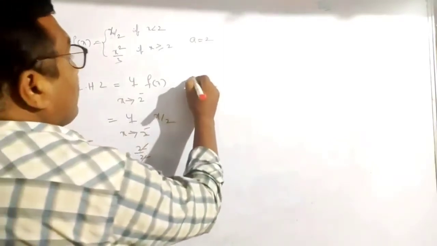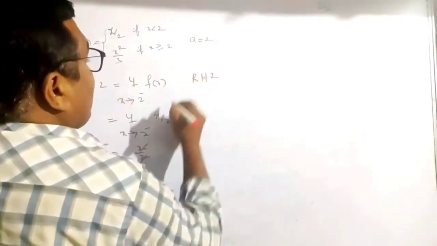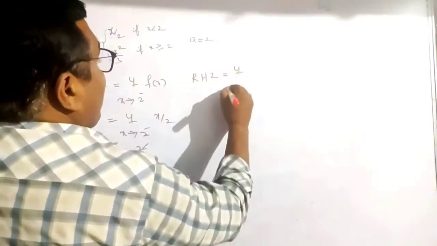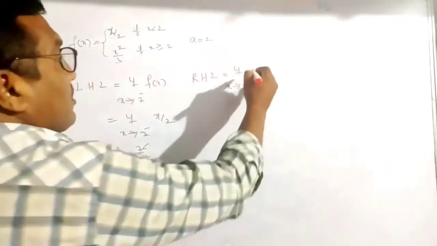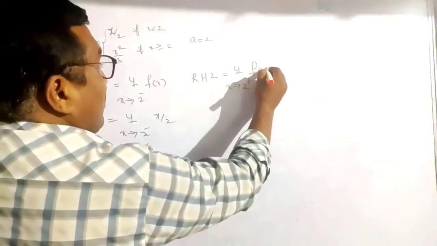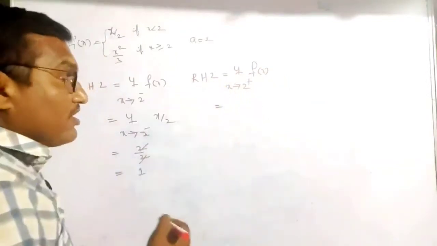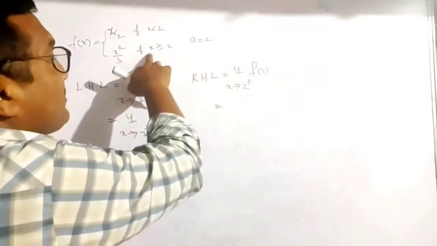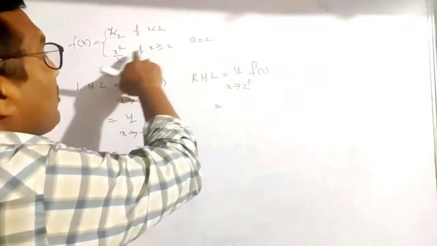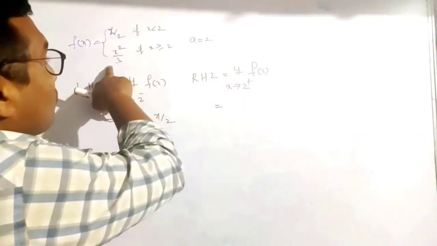Now take the right hand limit. It is the limit as x tends to 2 plus of f of x, which means x is more than 2, so x greater than or equal to 2 case. That's why we take f of x as x square by 3.